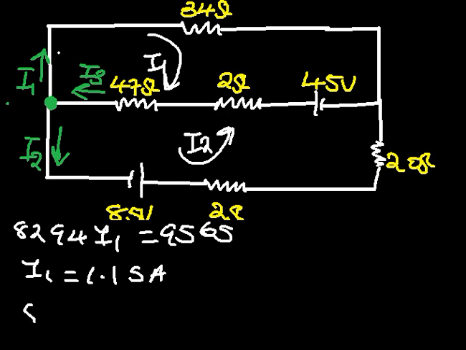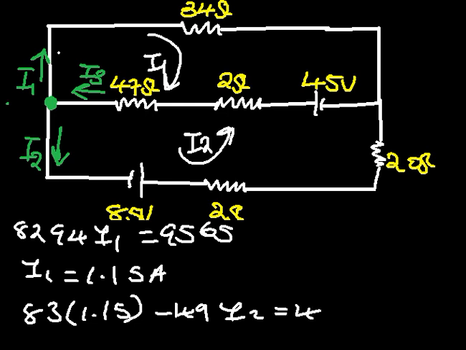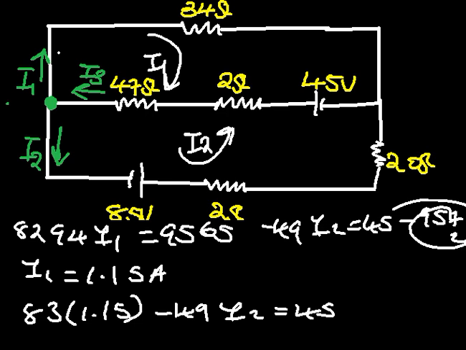So in that case, we'll have 83 times I1, which is now 1.15, minus 49 I2, which is equal to 45. That will be given as 83, and in this case we'll have negative 49 I2 equal to 45 minus 95.72, upon having the product of that.